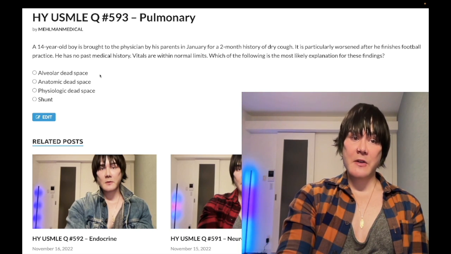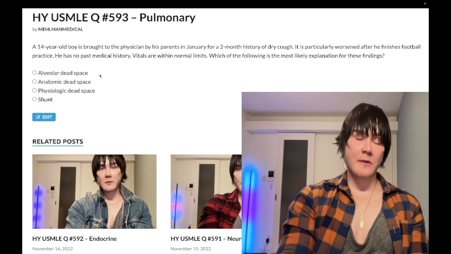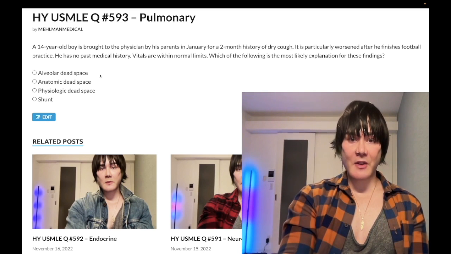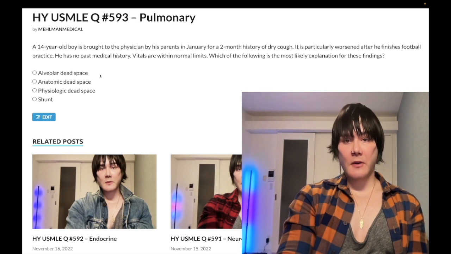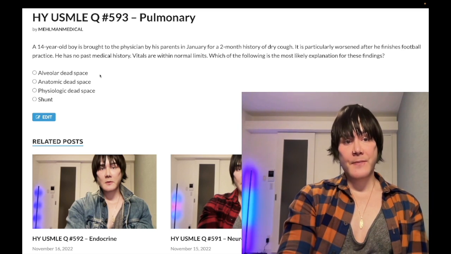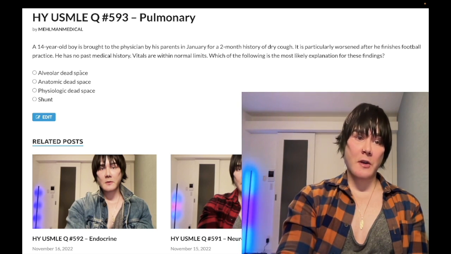Ventilation and perfusion both increase from apex to base, but perfusion increases more from apex to base because of gravity. So at the apices, we have a relatively higher V/Q, around 3. At the bases, we have a natural shunt, which is around 0.6. That's just the natural distribution of dead space within the lung, more toward the apices. That's called alveolar dead space.